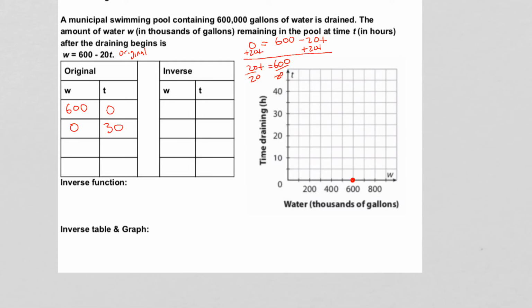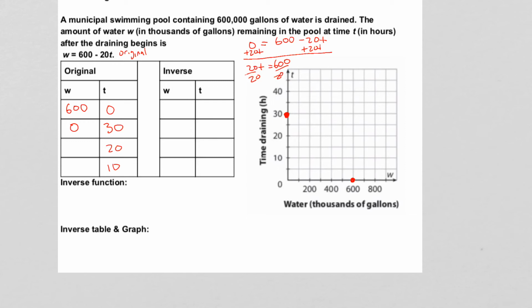So now that I have a value for t at 0, hopefully you can get the semblance of the graph. Maybe we should find one more point. You could maybe do 20 and 10.